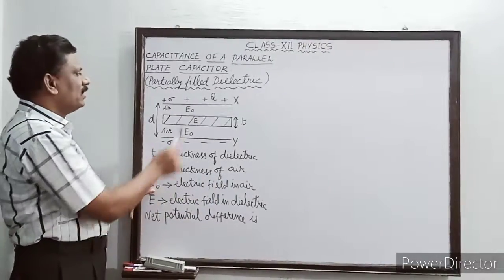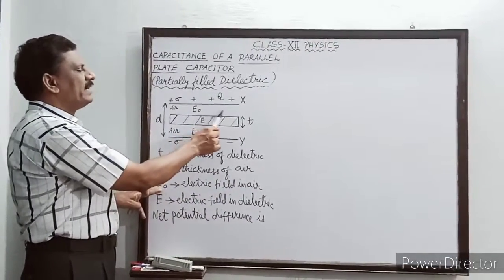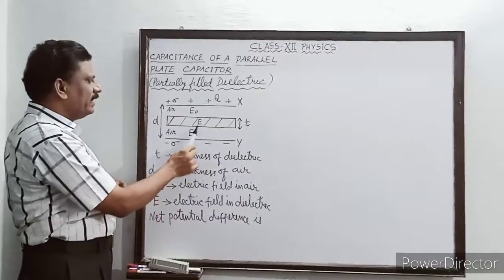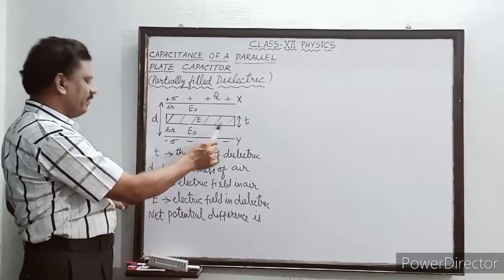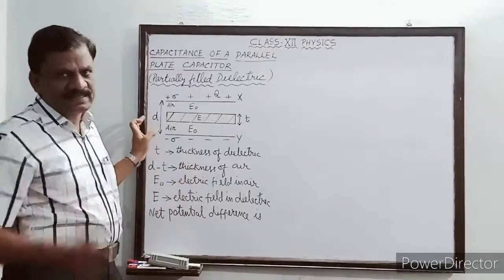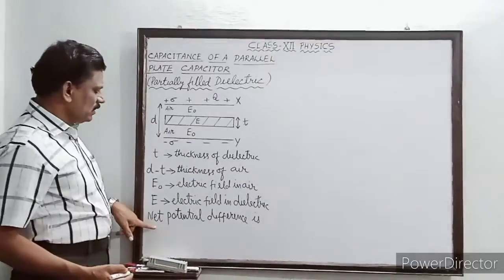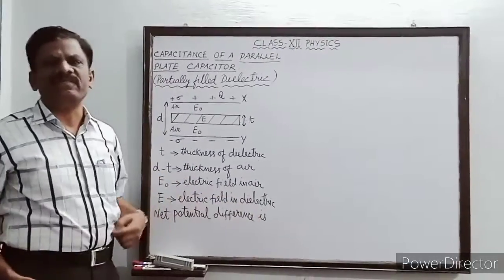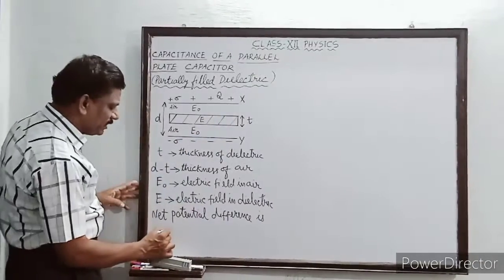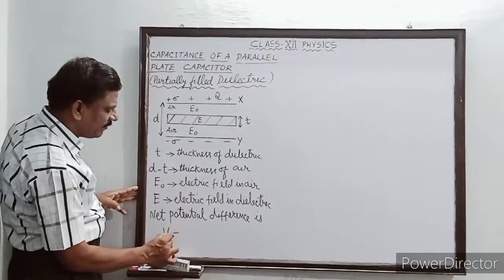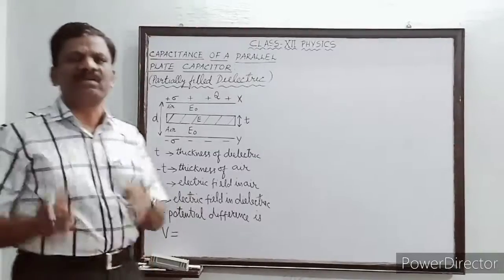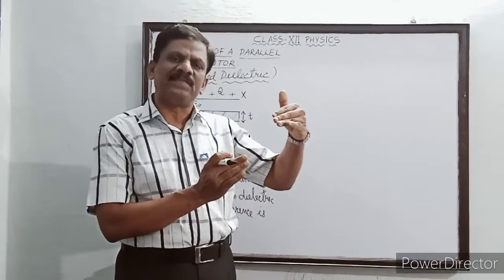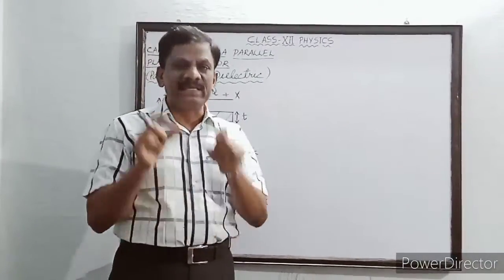Now E naught is the electric field inside the air, and E, capital E, represents the electric field inside the dielectric slab. Therefore now what will be the net potential difference between the two plates? The net potential difference is the product of electric field and distance. Now what is the electric field inside the air medium?